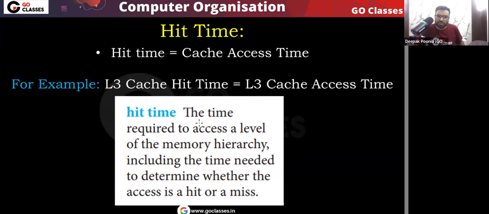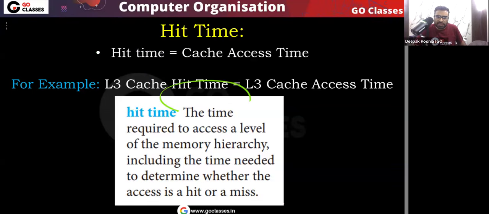The definition of hit time you can see here. This definition is taken from the Patterson and Hennessy book. The hit time is the time required to access a level of memory hierarchy. For example, if you focus on L3 cache memory, what is the L3 cache hit time?